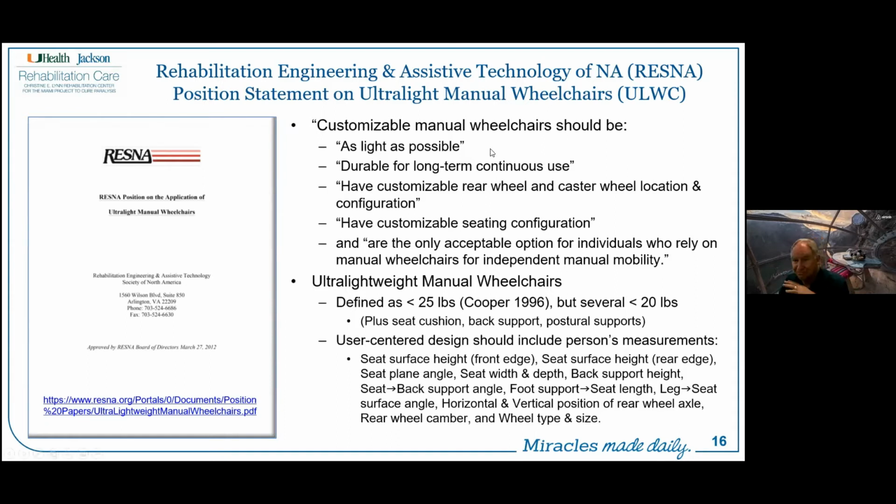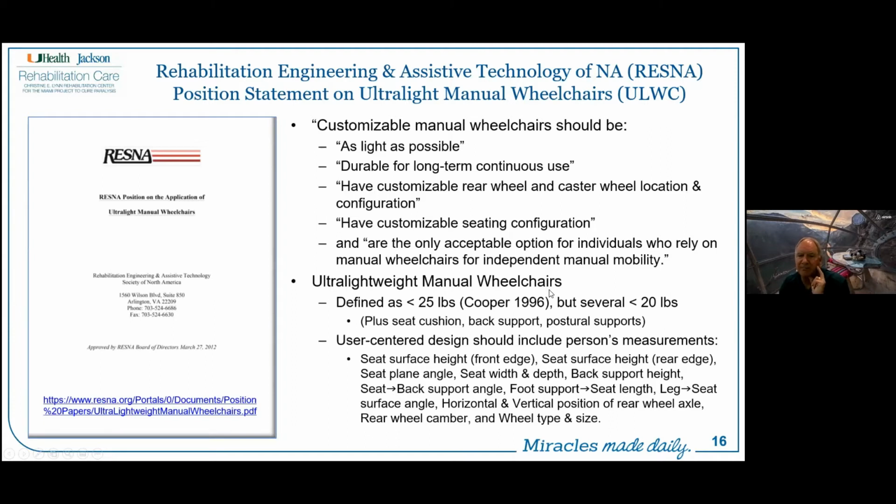They said that customizable manual wheelchairs should be as light as possible, durable for long-term continuous use, have customizable rear wheel and caster wheel location and configurations, and have customizable seating configurations. And this is important: ultra lightweight manual wheelchairs are the only acceptable option for individuals who rely on manual wheelchairs for independent manual mobility. Why is that? It's because of upper extremity overuse. We'll talk through this a little bit more.